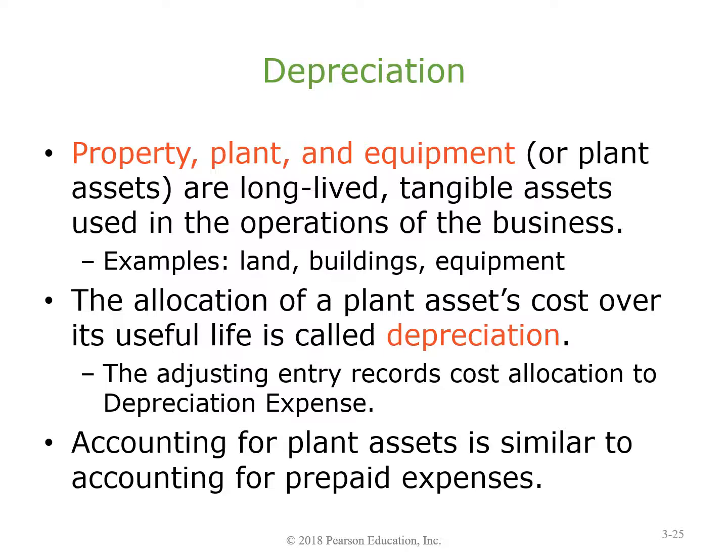depreciation. So we have long-lived assets, often referred to as property, plant, and equipment. And we put them on our books at cost. But that cost gets allocated over periods, called depreciation. And that's how it eventually gets expensed. So the adjusting entry will be the cost allocation to depreciation expense.